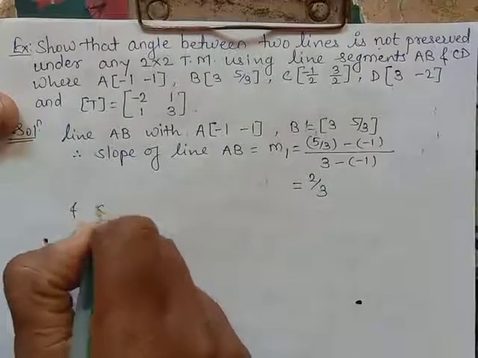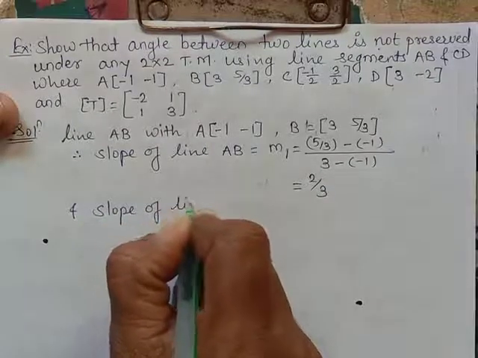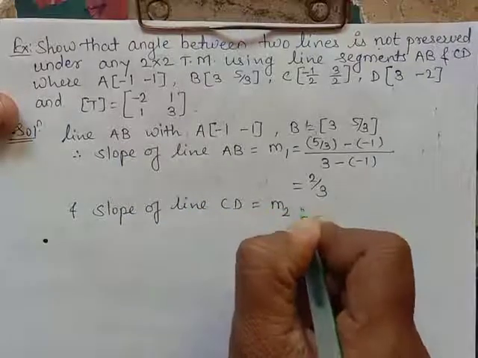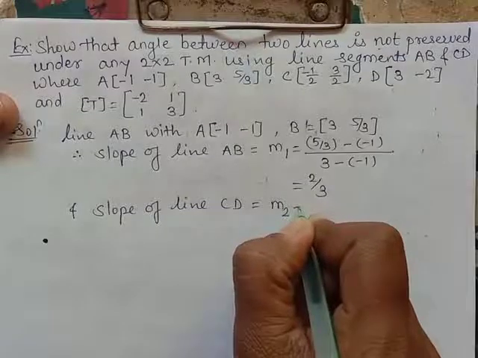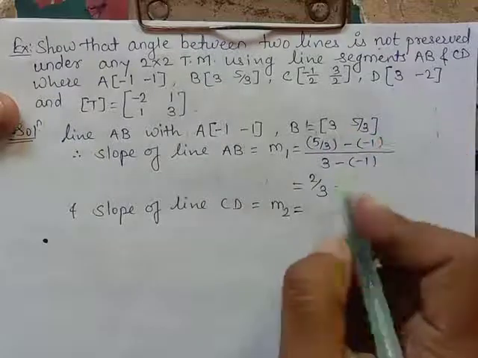And slope of line CD, let it be m2. Line CD, where C and D are given in question, that is what?